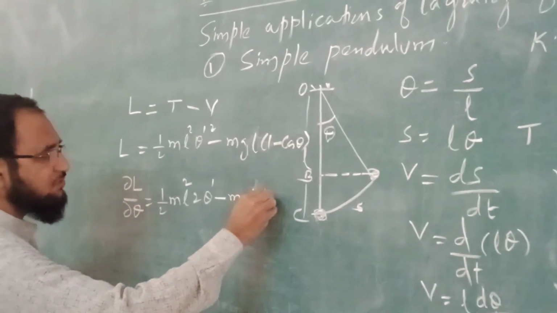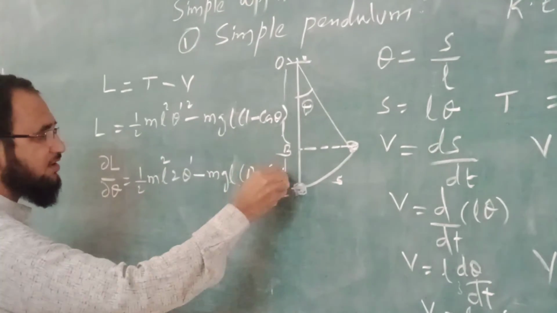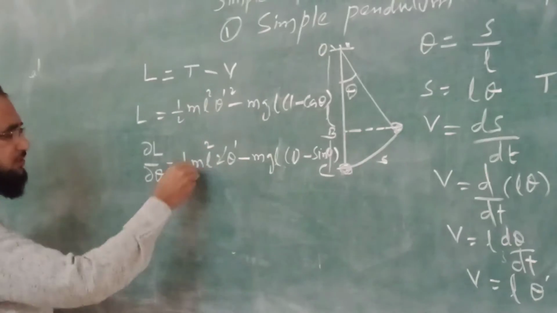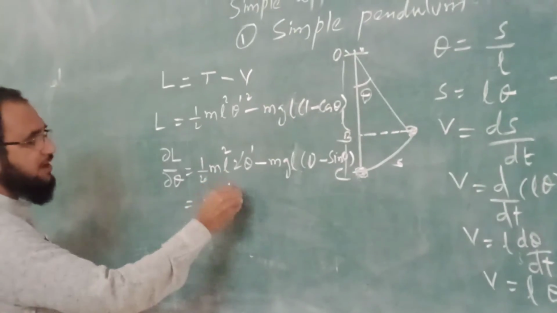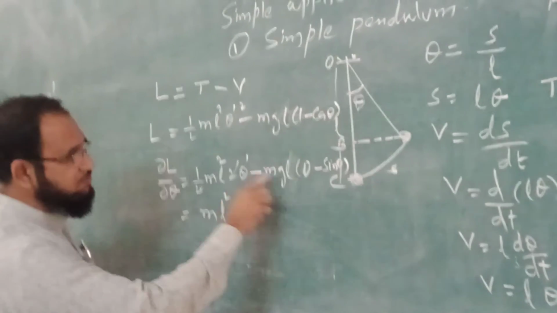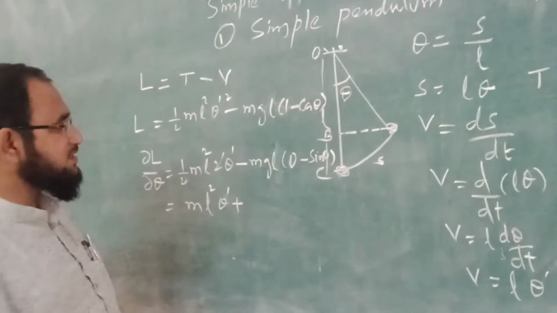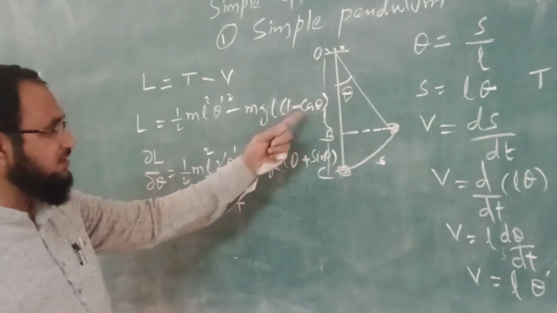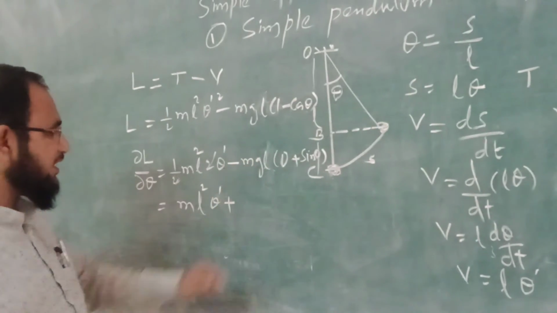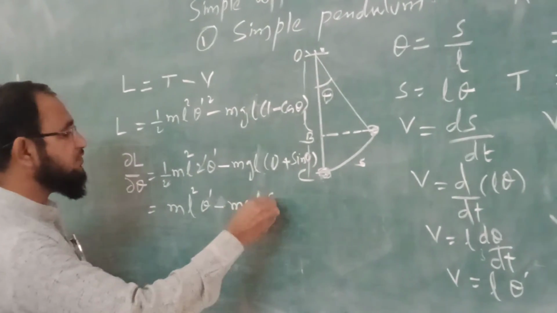The derivative of 1 is 0, and the derivative of cos theta is minus sine theta. So this 2 gets cancelled: m L square theta dash, minus becomes plus here, so it will be plus mgL sine of theta.